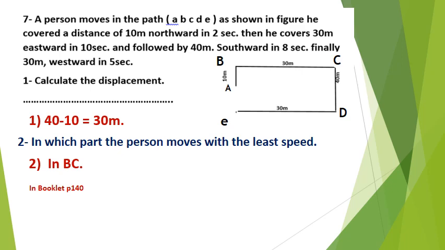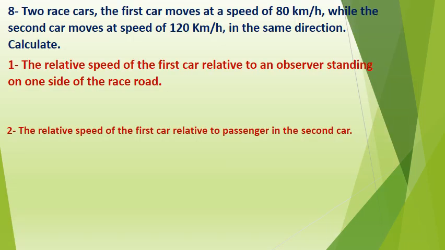Problem number 8. Two race cars. The first car moves at the speed of 80 km per hour, while the second car moves at the speed of 120 km per hour in the same direction.